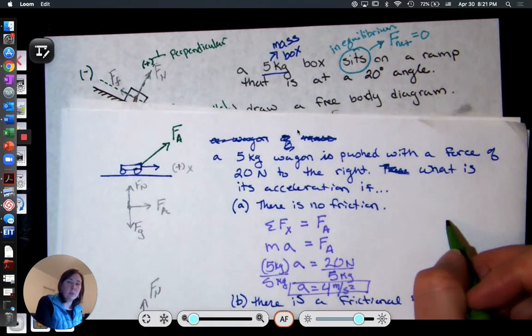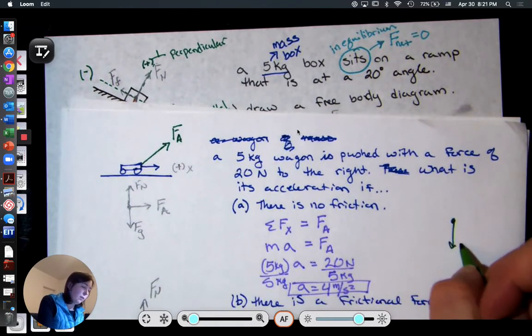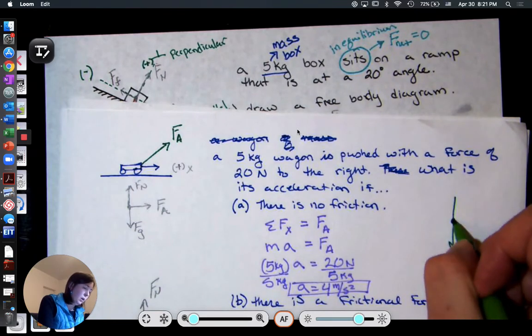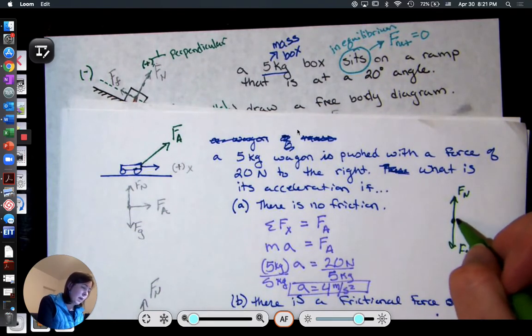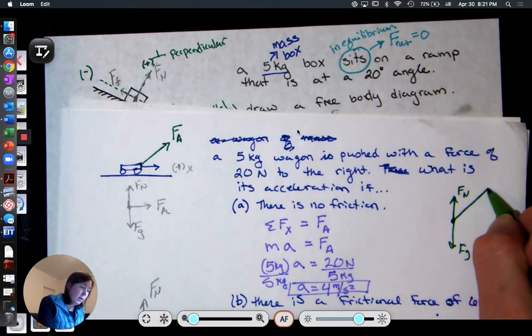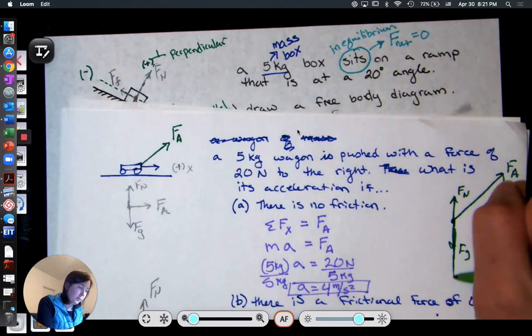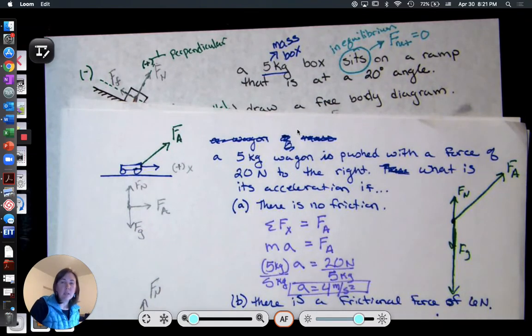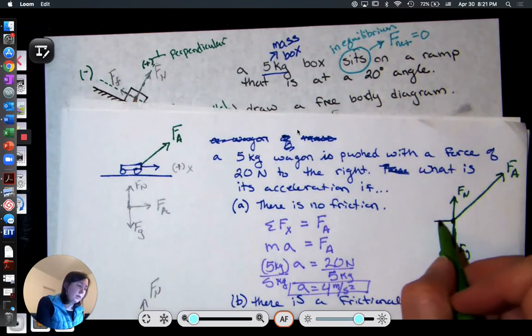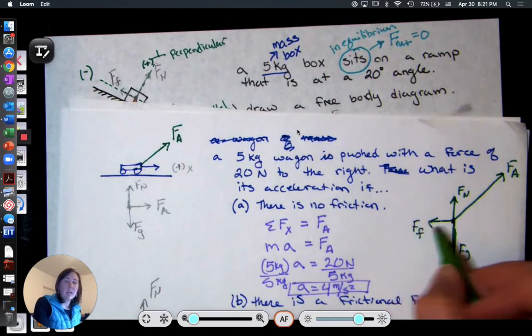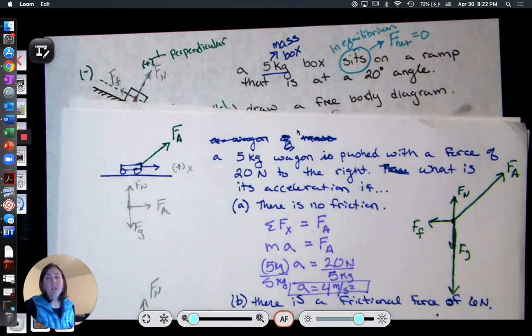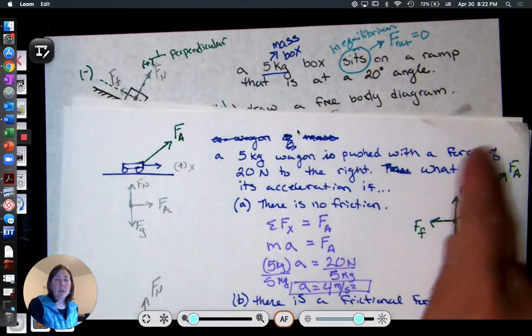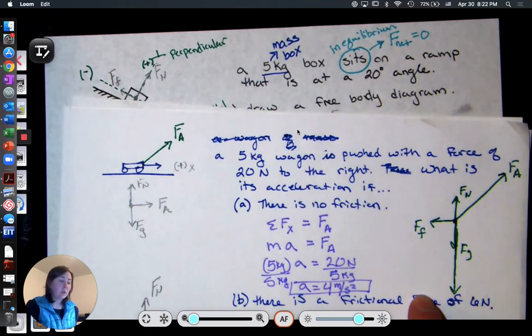I would have gravity, the normal force, and then this applied force, and maybe I need to make my force of gravity a lot bigger here. Then depending on whether you have friction or not, that will go in this direction. Just like we summed the forces on an object that was sitting still being pulled at an angle, we will do the same thing for an object that is accelerating and being pulled at an angle.